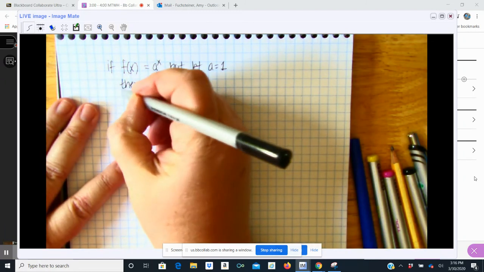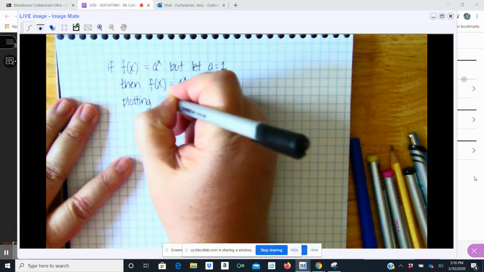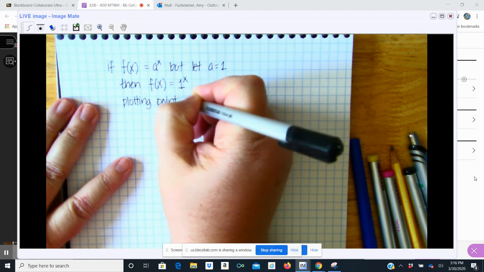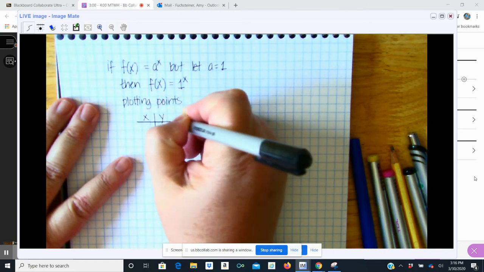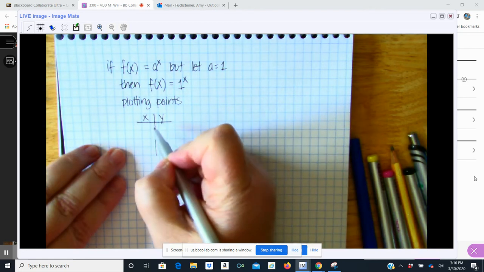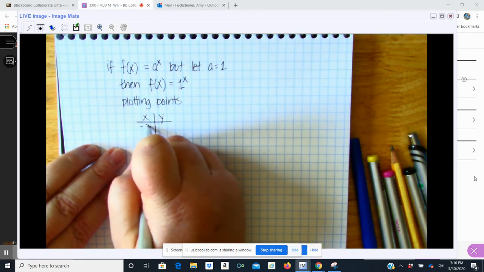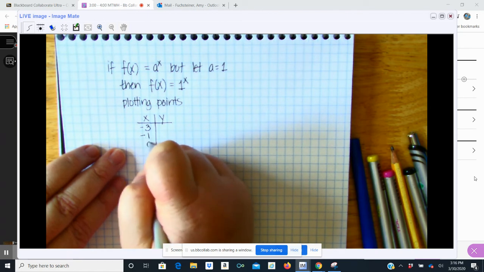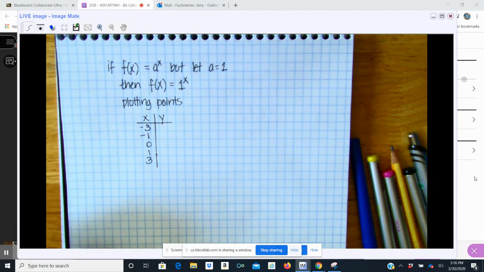So if we just plot it, I'm just going to pick some random x values. x can be anything. I'm going to let x equal -3, -1, 0, 1, and 3, just to get myself some points on both sides of my xy axis.